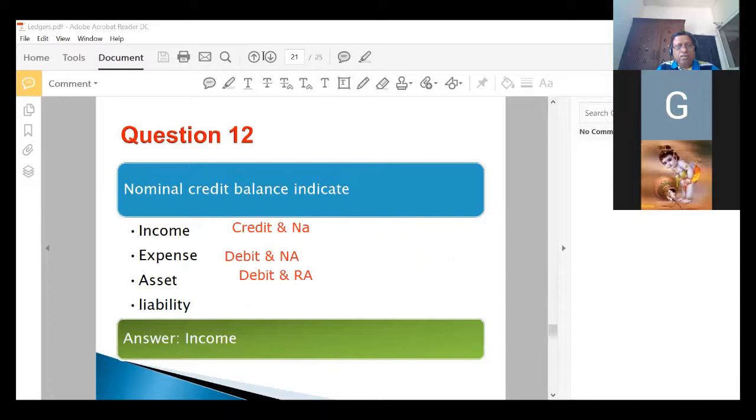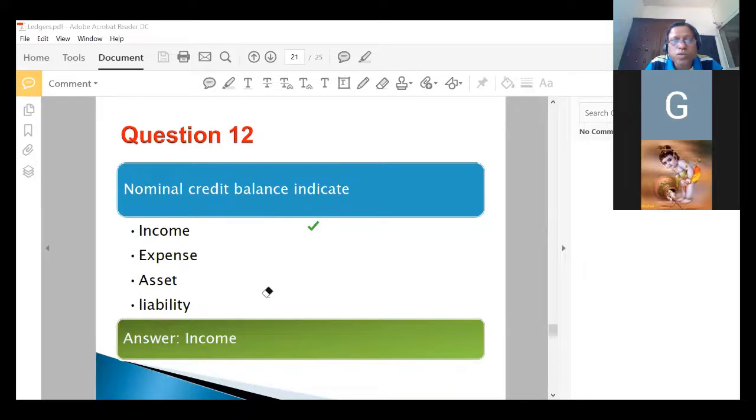Liability is a credit and personal account. So NA means nominal account, RA means real account. Here the question is nominal credit balance. Nominal credit balance is what? Income only. Nominal credit balance is income. Okay, clear? Okay, super.